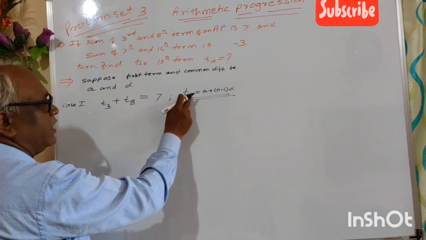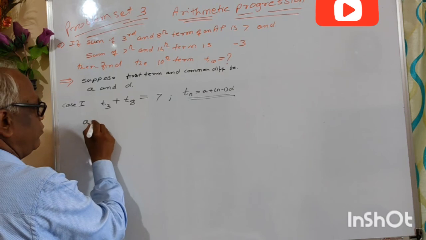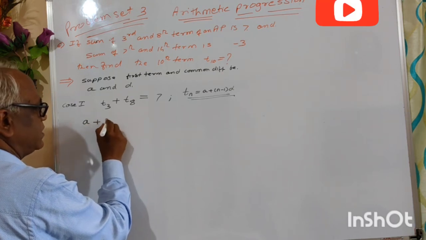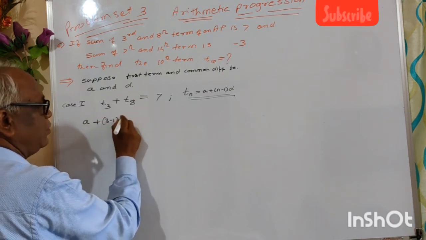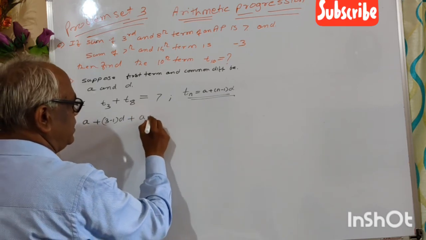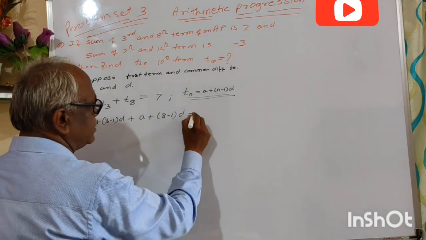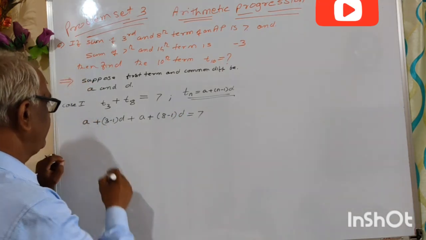T3, put n is equal to 3: A plus (3 minus 1) into D plus A plus (8 minus 1) into D is equal to 7.